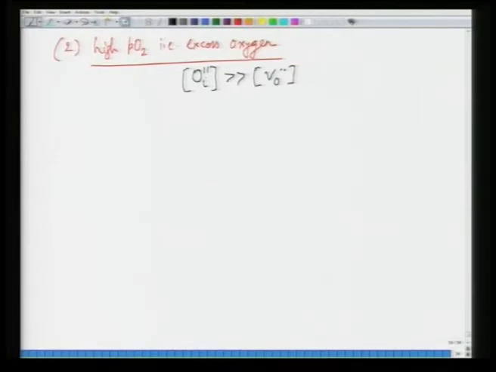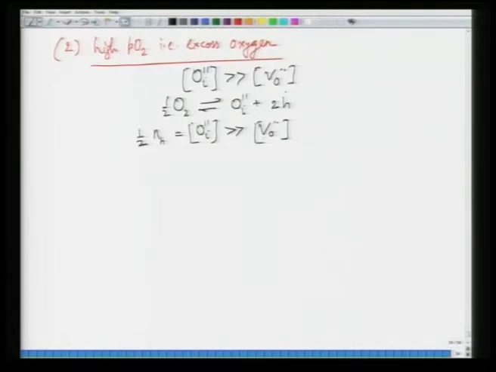So, the dominant reaction in such a case was half O2 going to OI plus 2H, okay. And the electrical neutrality condition was NH, half NH is equal to OI, which is much larger than VO.